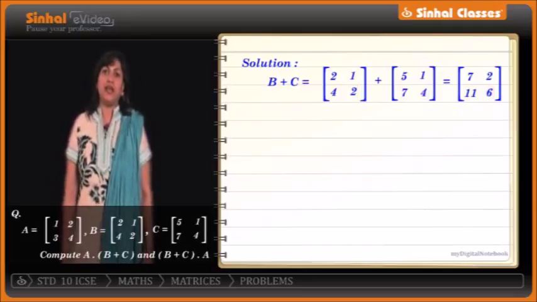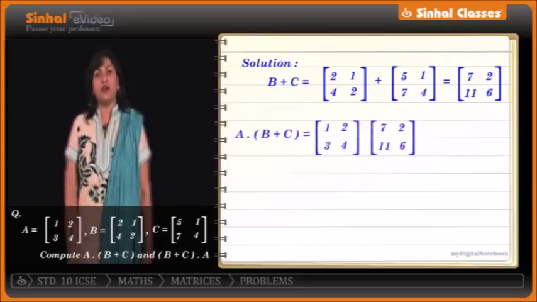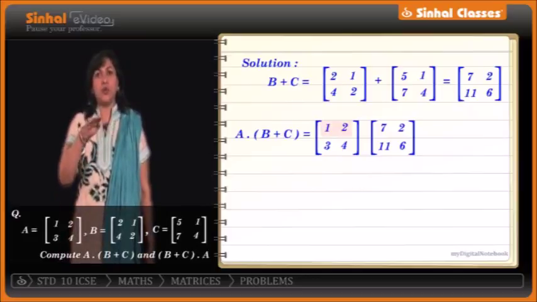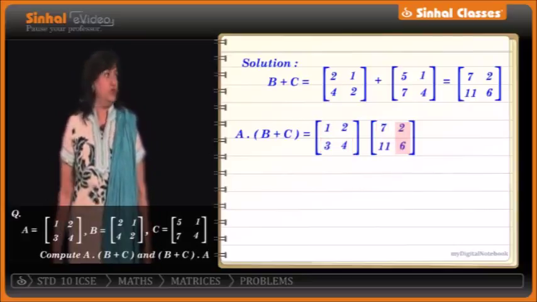Now we multiply A with B plus C. Now again the order of A is 2 by 2 and B plus C is 2 by 2. So we multiply as row 1 column 1, row 1 column 2, row 2 column 1 and row 2 column 2.